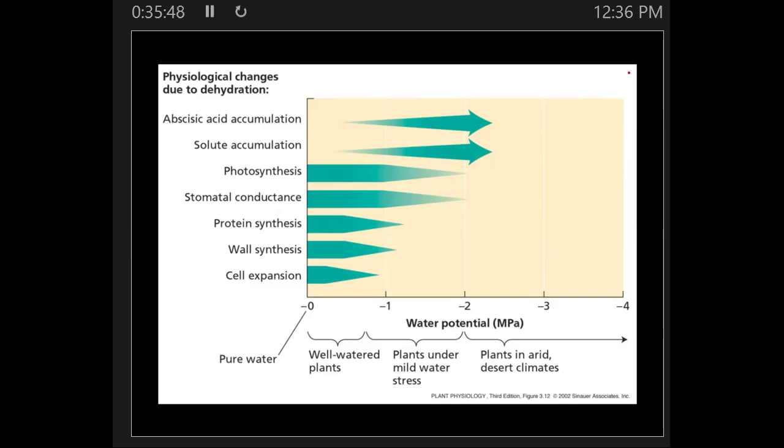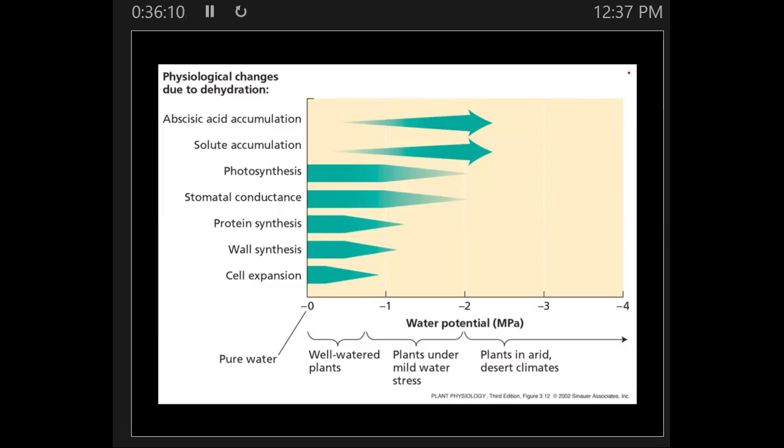And then on the y-axis, you're seeing different processes that the plant is doing on a day-to-day basis. And you can see that as the water potential is getting more negative, you can actually start to see a decline. So the way to interpret this green bar is if it's nice and wide, that means things are good, everything's good.